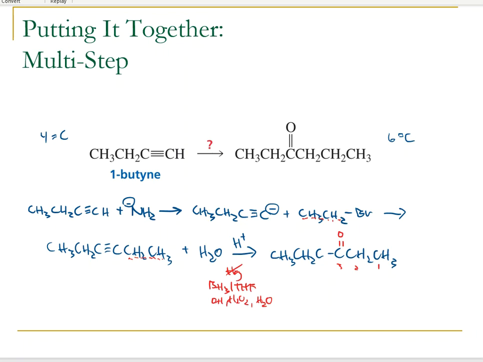Don't let these points eat away at your average because it will happen every single time unless you fully put the pieces together of the multi-step synthesis. So this is our first example of multi-step synthesis. And there's going to be many more.